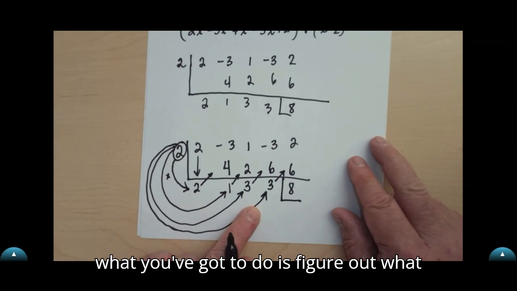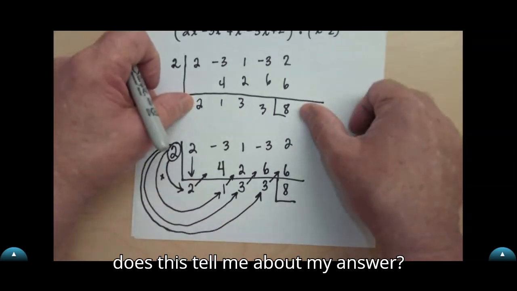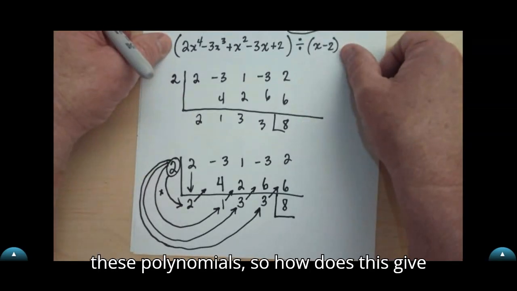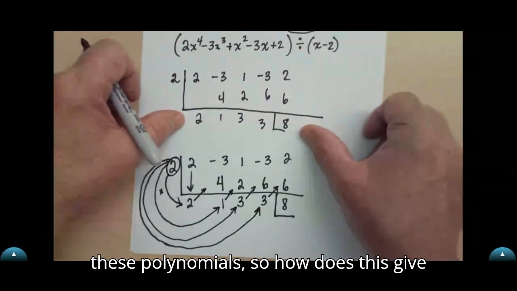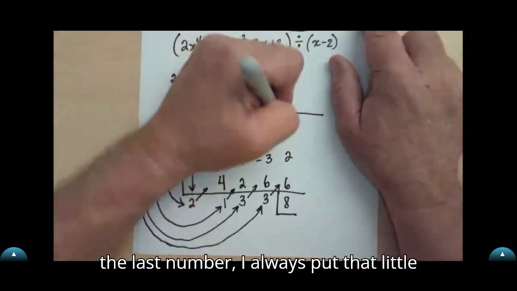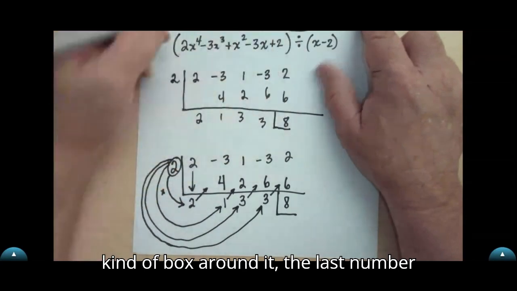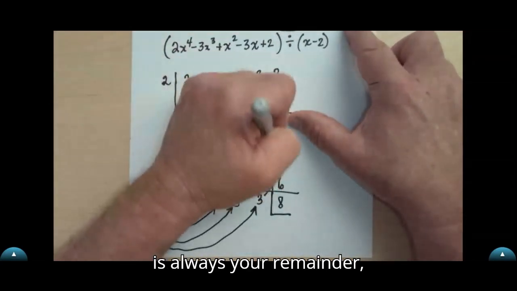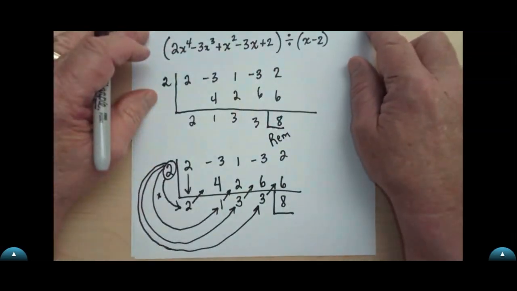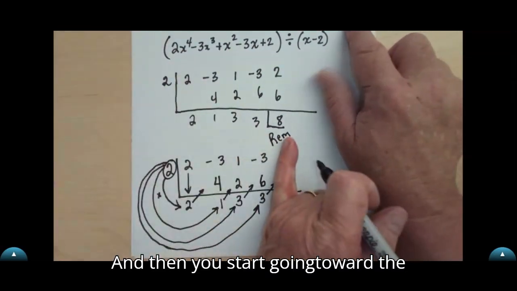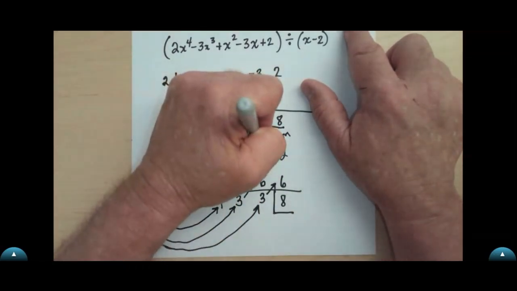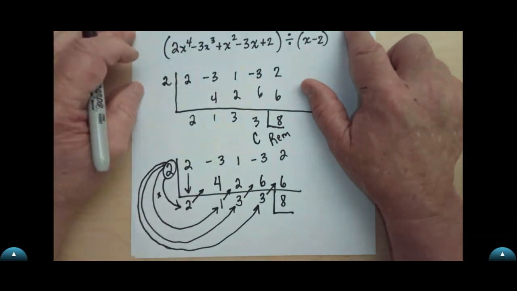Now what you've got to do is figure out, what does this tell me about my answer? Because remember, I'm trying to divide these polynomials. So how does this give me my answer? Well, the last number, I always put that little kind of box around it. The last number is always your remainder, always. And then you start going toward the left. The next number to the left of that is the constant term.